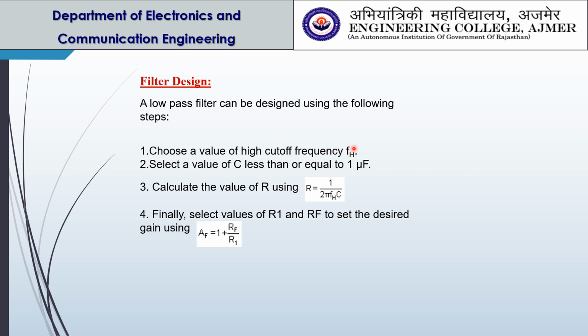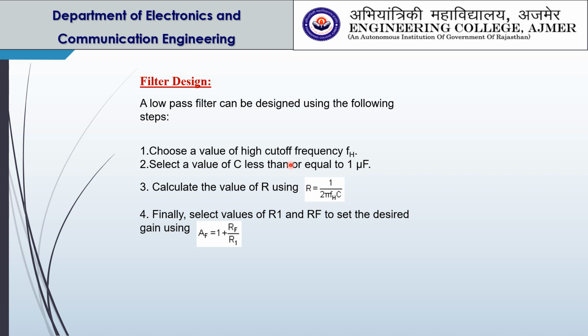Up to what frequency we want to pass the signal, or what is the bandwidth of the pass band, that is known as high cutoff frequency. And then after selecting FH, we can select a value of C less than or equal to 1 microfarad, because small capacitance can be easily fabricated.